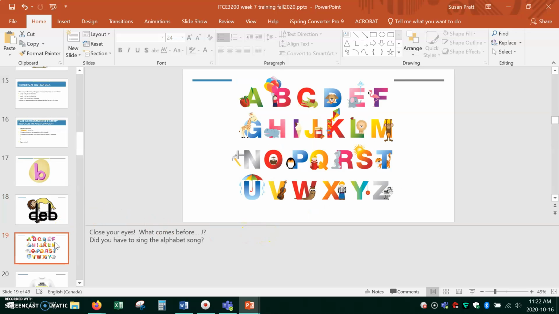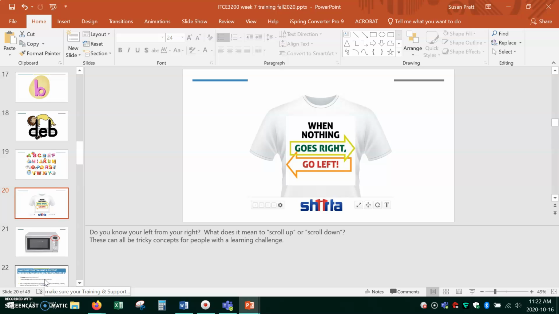Here's another one. Close your eyes. What letter comes before J? Yeah, so if you had to sing the alphabet song, or it wasn't a really automatic response, sometimes that's how letters are, the way we learn things, it can be challenging.